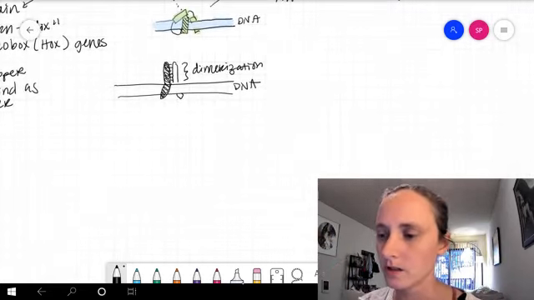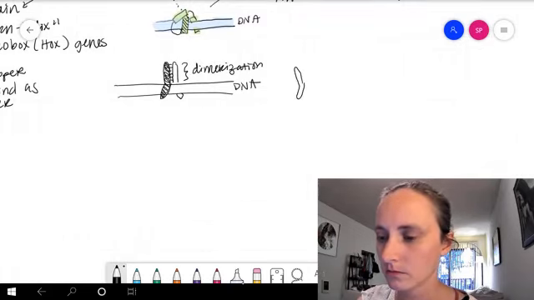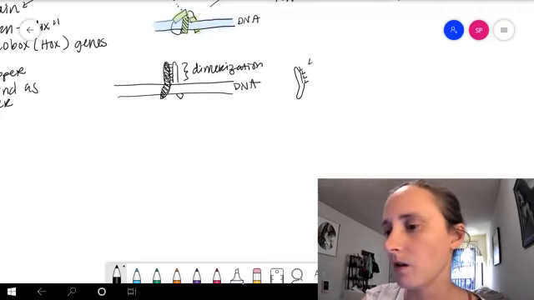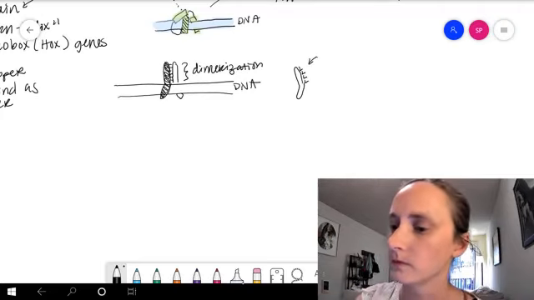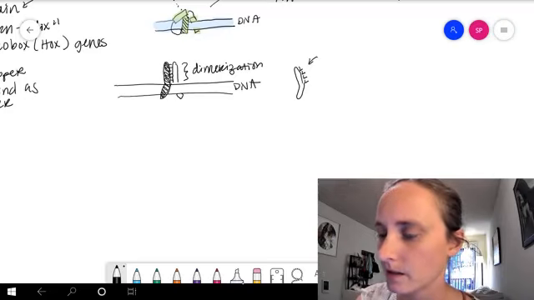And essentially, leucine zippers do not like water. So there's a bunch of leucine residues, which is a hydrophobic amino acid. And this is a very sad molecule.